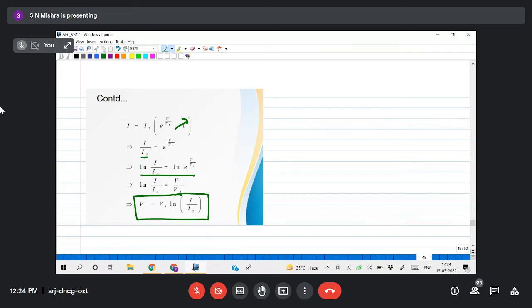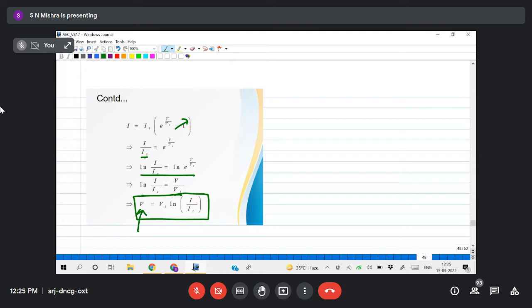That means it gives how much voltage I should apply across the diode so that I can get maybe 5 milliampere or 7 milliampere of current, if you know the leakage current. The question will be like this: suppose a silicon diode is taken and it was observed that 2 nanoampere current is flowing as reverse leakage current or reverse saturation current.